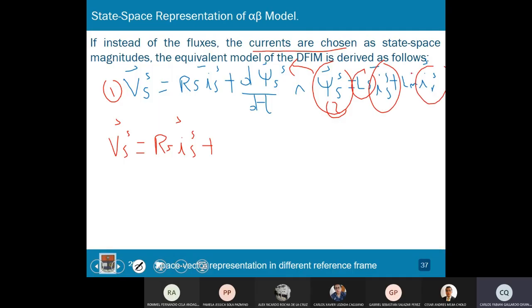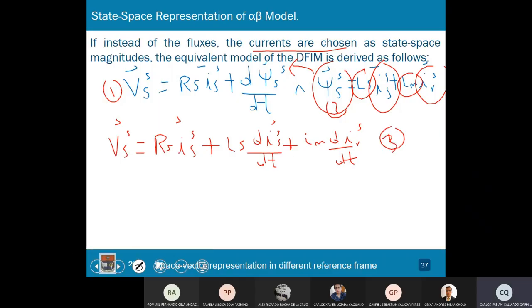Taking these constants out of the derivative, I will get the stator inductance times the derivative of the stator current space vector, because this is the instantaneous current, plus the magnetizing inductance times the derivative of the rotor current space vector with respect to time. I will call this equation number 3.